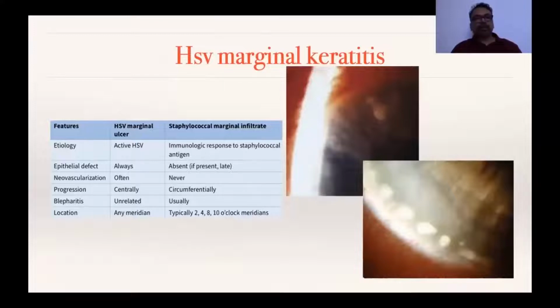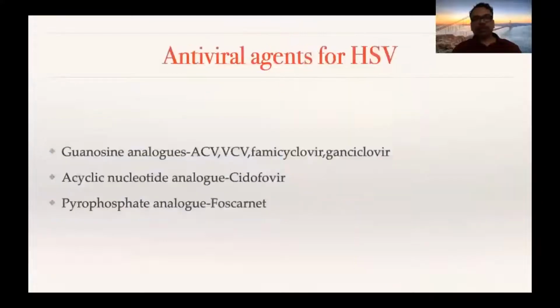In HSV, the progression is from periphery to central, which is circumferential in staph. Staph is associated with blepharitis, which is not there in HSV. HSV location can be in any meridian. In staph, it is typically the 2, 4, 8, and 10 o'clock meridians. HSV keratitis typically responds to antiviral treatment, and the staph marginal infiltrate to topical steroids.